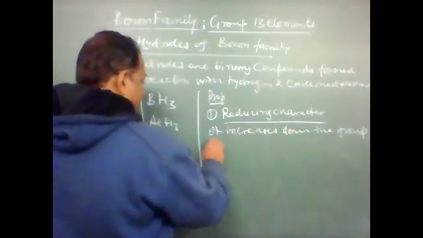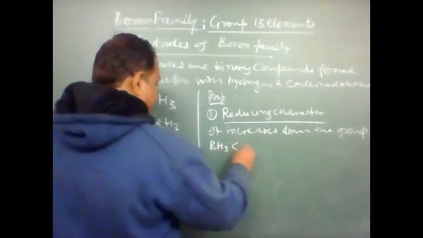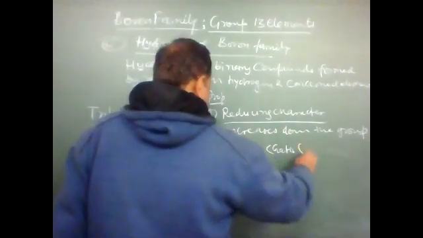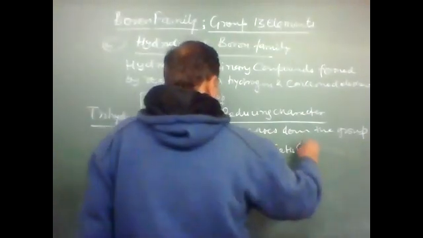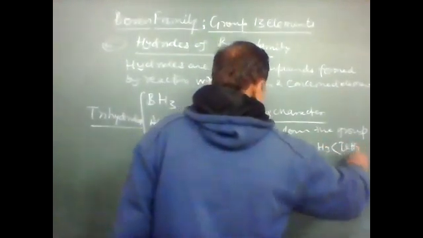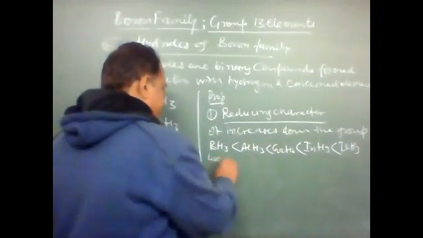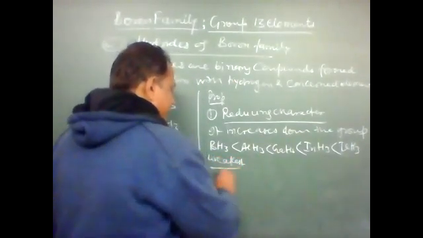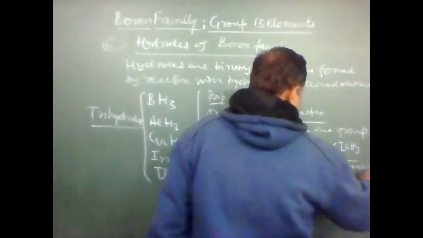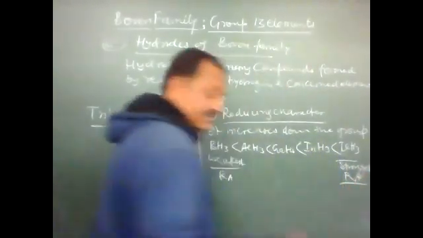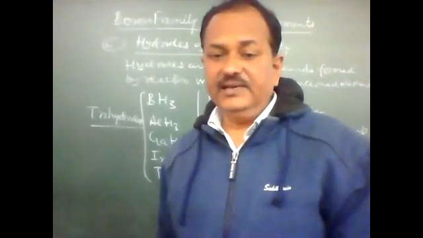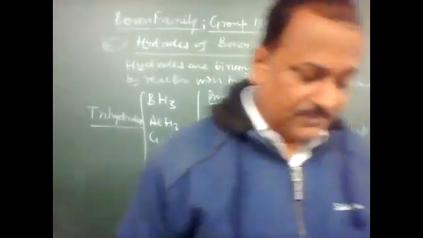BH3 is the weakest, followed by AlH3, followed by GaH3, followed by InH3, and then thallium hydride, which will be the strongest reducing agent. So this depends on the size of the molecule.